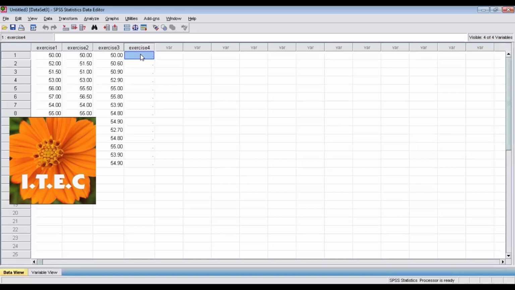Another exercise. Say it might be 49.9. It might be 50.5. It might be 50.8. It might be 52.8. It might be 54.9. It might be 56, 55.8.